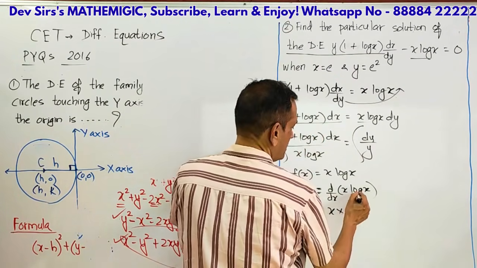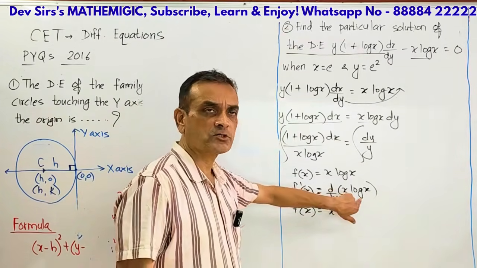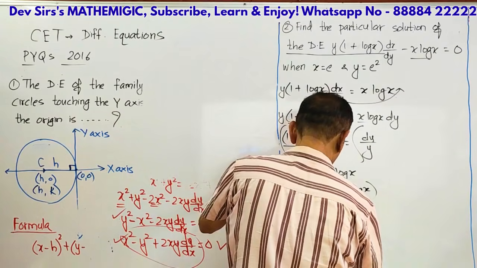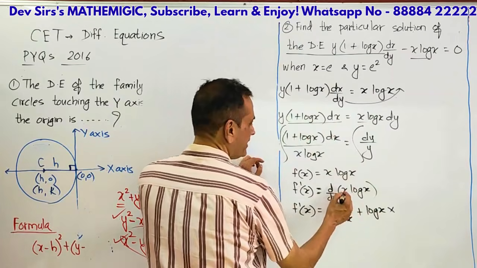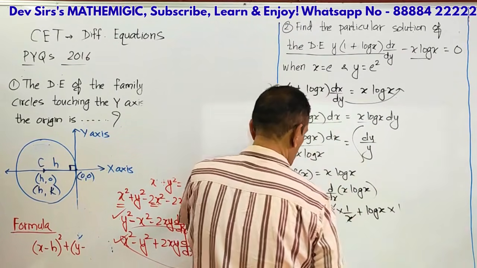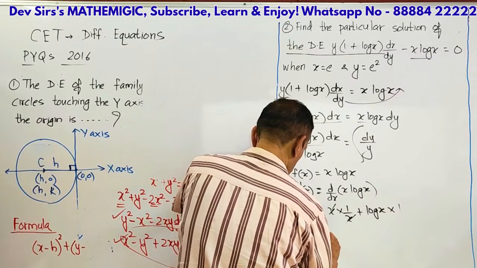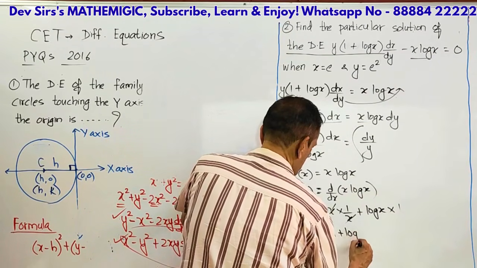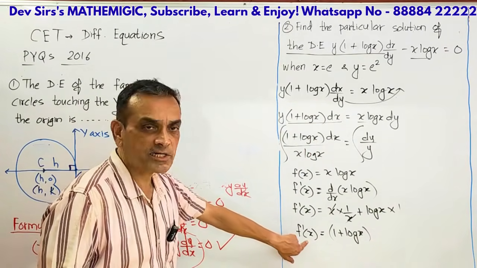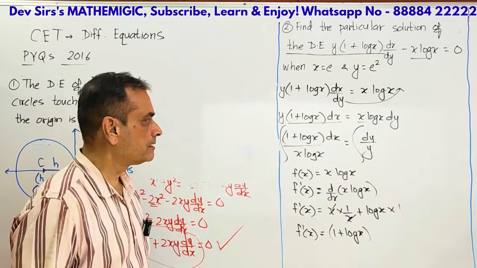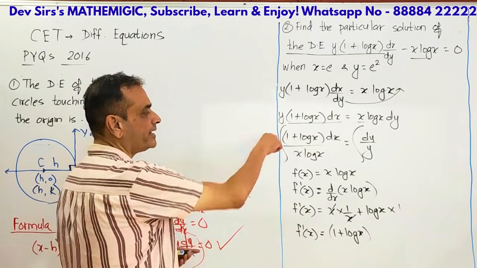First function, I'll do it orally, yeah, no? We are doing CET now. First function, d by dx of log x, 1 upon x. Plus second function, derivative of x is 1. F dash x is 1 plus log x. So if fx is the denominator, f dash x is the numerator.